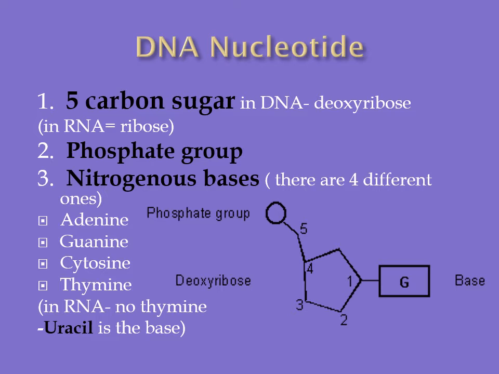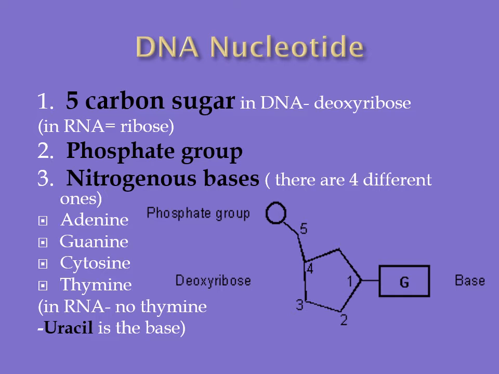So deoxyribose, that's the sugar that makes up DNA, and that's the pentagon in our picture down towards the bottom. The circle in this picture is the phosphate group that helps to make up the sides of that DNA ladder, the backbone of that ladder, along with the 5-carbon sugar. And then the rectangle off to the side of the picture is one of the nitrogenous bases or nitrogen bases.